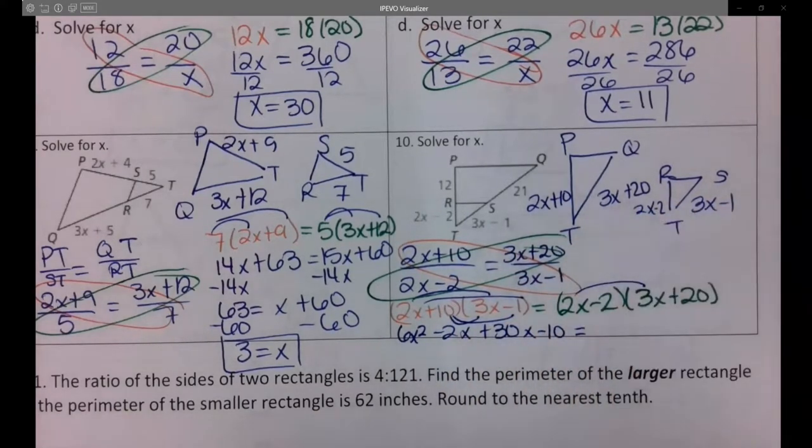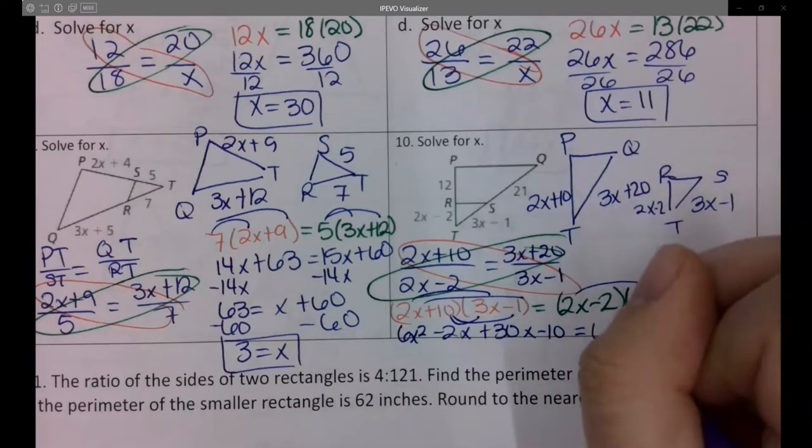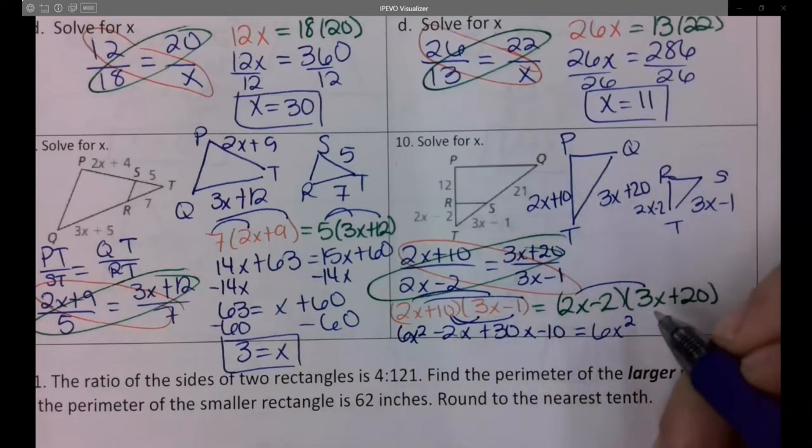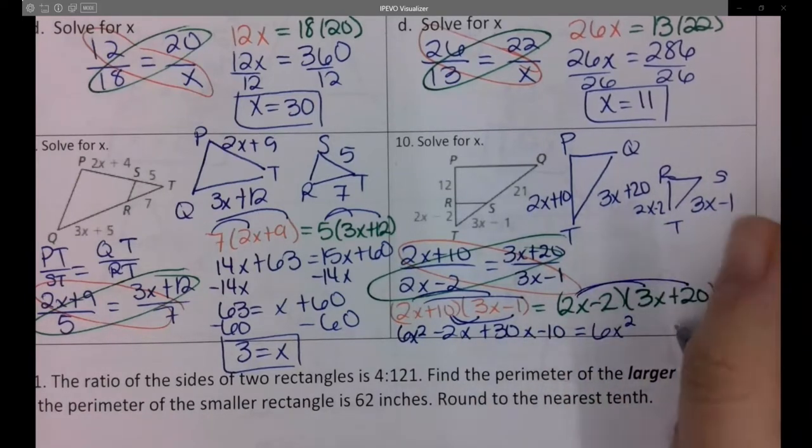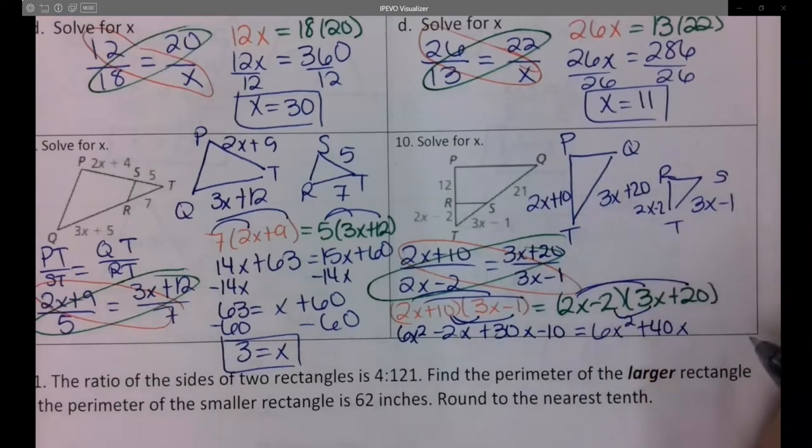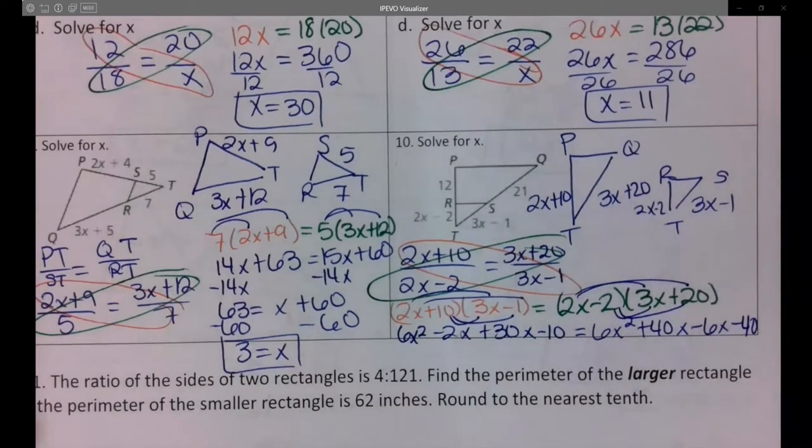On the right, I have 2x times 3x gives me 6x squared. Then I have 2x times 20, which gives me 40x. Negative 2 times 3x gives me negative 6x. And negative 2 times 20 gives me negative 40.